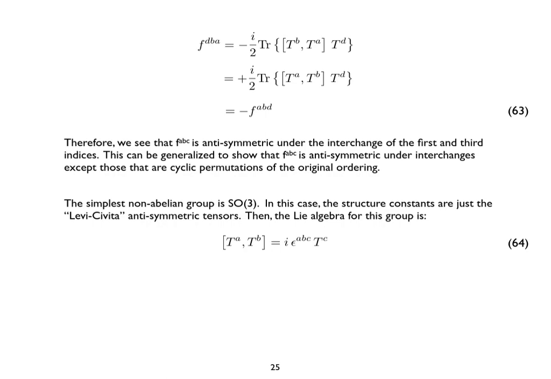So we know what they are in terms of the generator matrices, but that also tells us that they're anti-symmetric under the interchange of the first and third indices. And you can go and show that they're anti-symmetric under any of these interchanges, except those that are cyclic, so those where I cycle through.